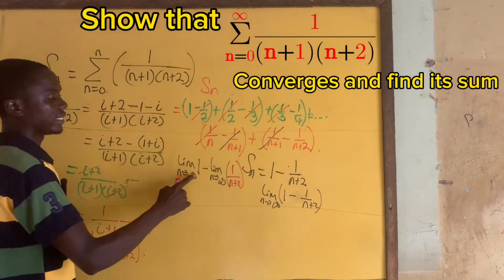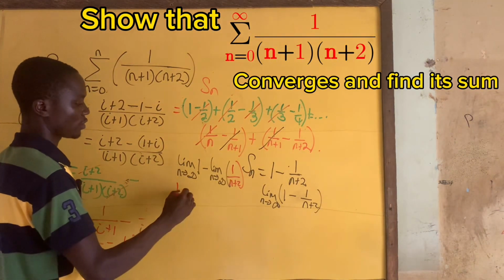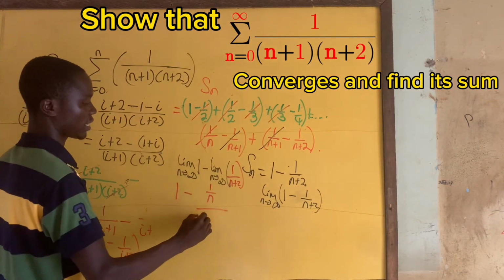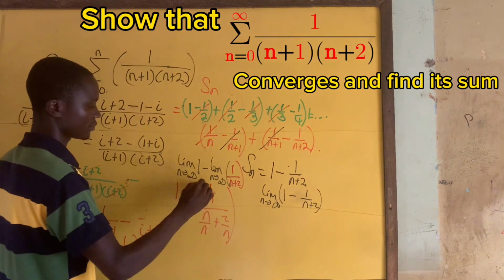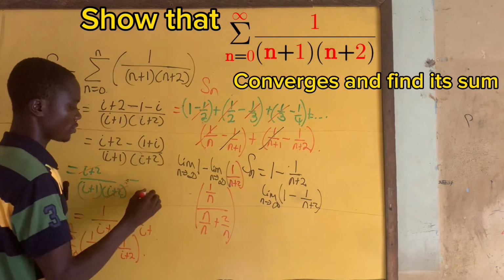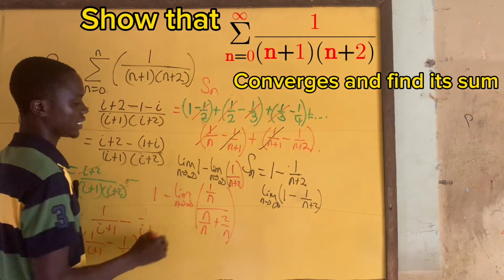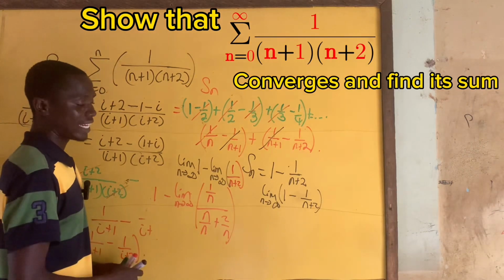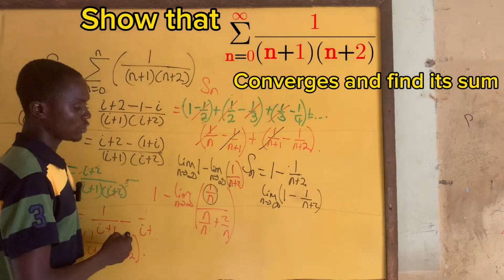Here, the limit of a constant is a constant, so here is 1. Minus this one, we have 1 divided by n over n divided by n plus 2 divided by n. As n approaches infinity, that is, as n becomes a large number, 1 divided by a very large number will be 0.